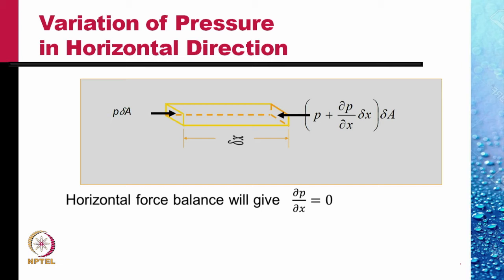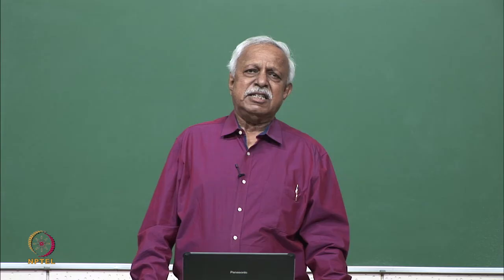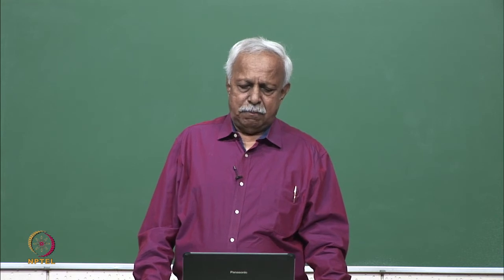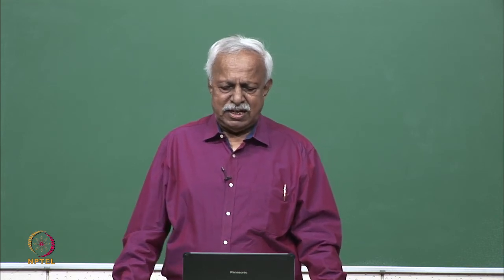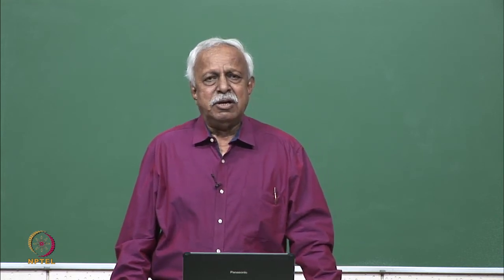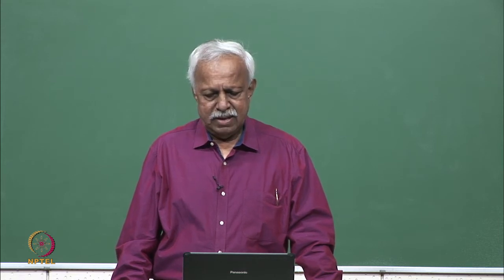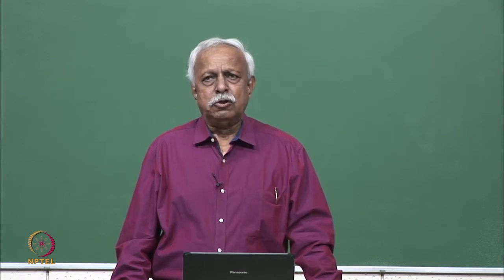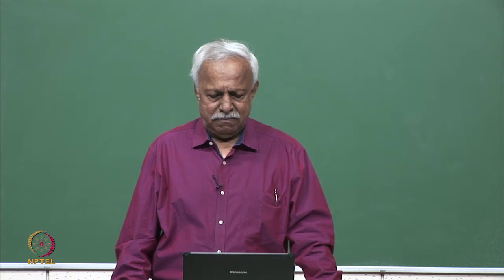On the left end of this, the horizontal force is P times delta A, where delta A is the cross-sectional area of this fluid element. On the right hand side, by Taylor's expansion, the pressure becomes P plus delta P by delta x into delta x, and the total force would be that multiplied by delta A.